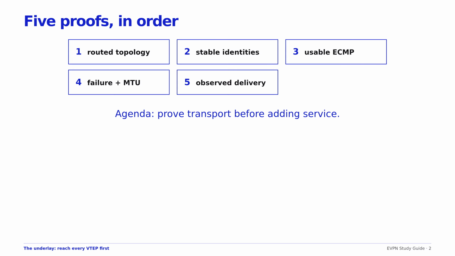Fourth, we shall distinguish rapid failure detection from graceful state retention, then budget the tunnel overhead into the MTU. Finally, we shall define the positive and negative observations that prove one VTEP can deliver the required outer packet to every other VTEP.